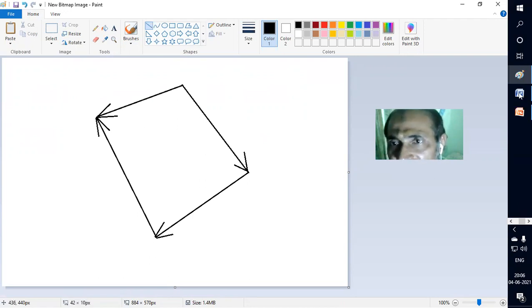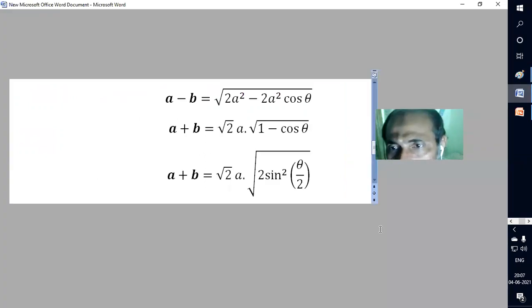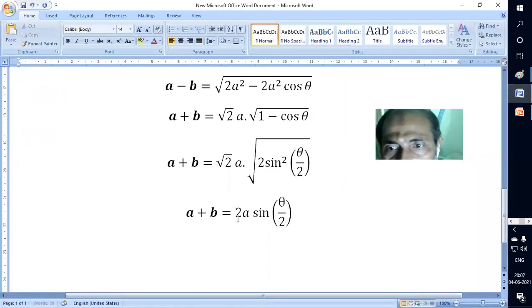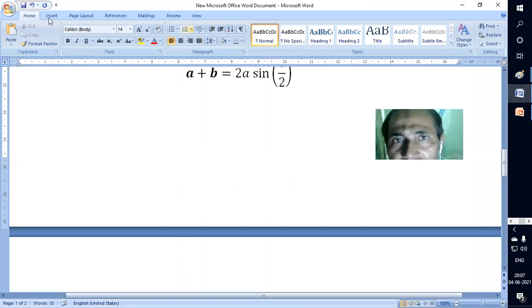And the names of vectors I'll write here like this.